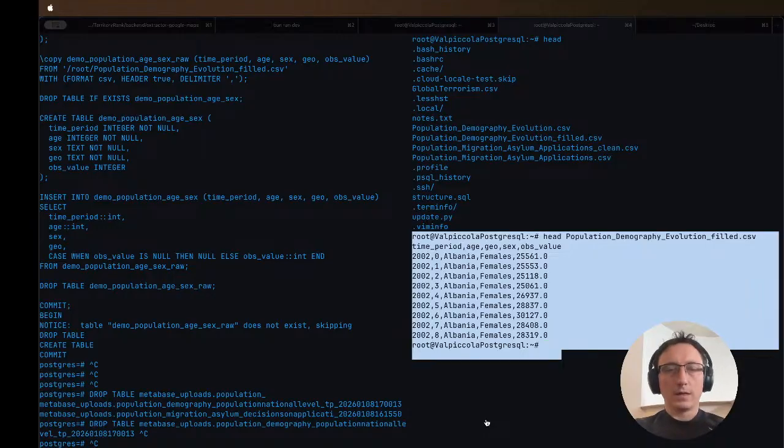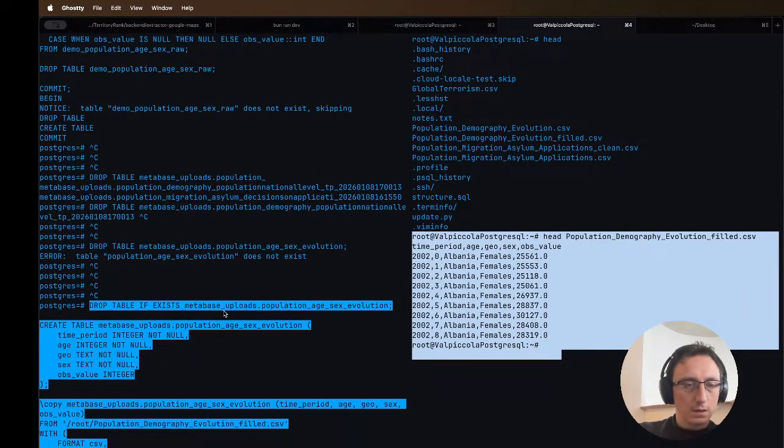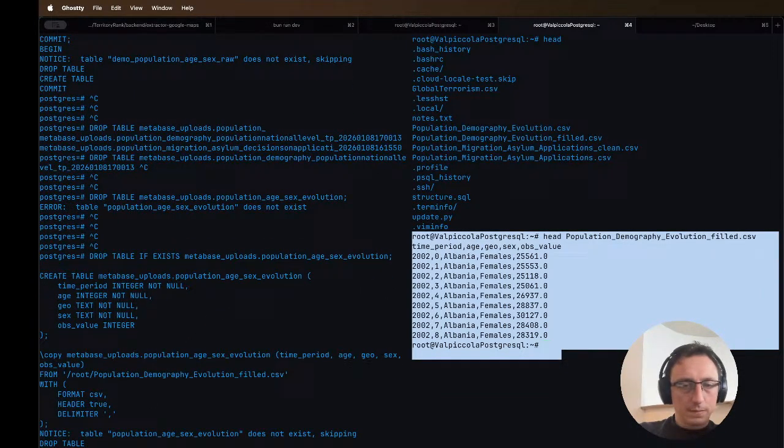Okay, guys, we are almost there. I need to find a better way to switch between terminal and browser so you can follow me through properly. Damn it.